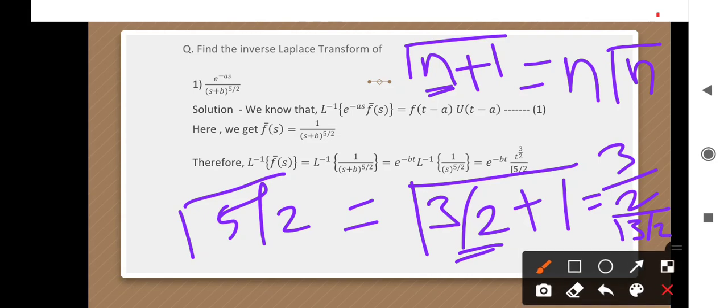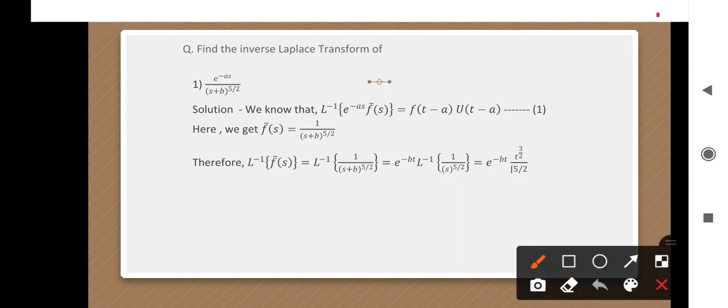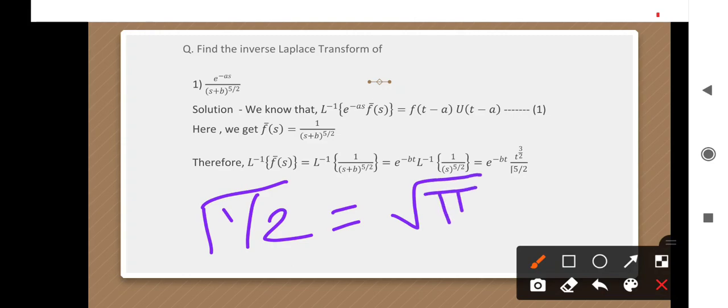Again this gamma 3 by 2 can be written as gamma 1 by 2 plus 1. So now n becomes 1 by 2 and it becomes 1 by 2 gamma 1 by 2. And we know that gamma 1 by 2 value is square root of pi.